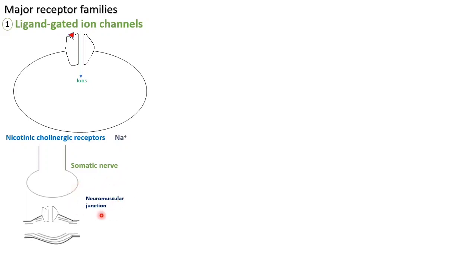The space between the somatic nerve and the skeletal muscle is called the neuromuscular junction.